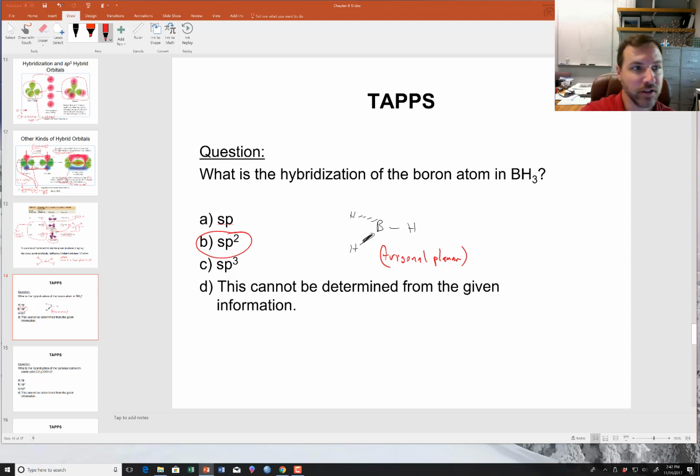And hopefully you can imagine that we would have an sp2 hybrid, and then we would have this unhybridized p orbital perpendicular. So this is empty, an empty p orbital. And of course we have our boron with 3 valence electrons.